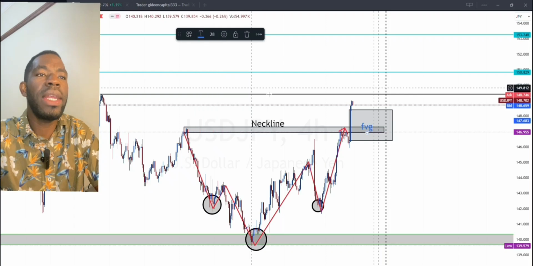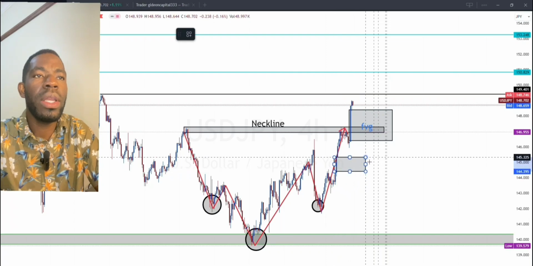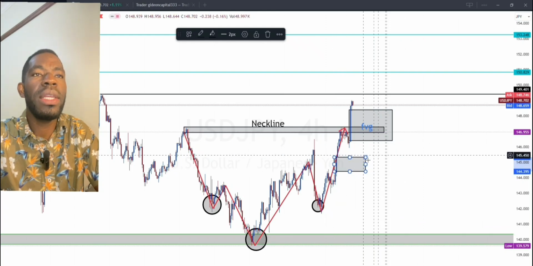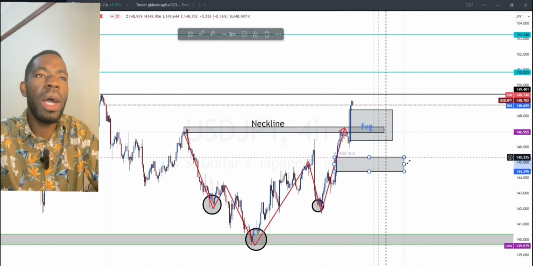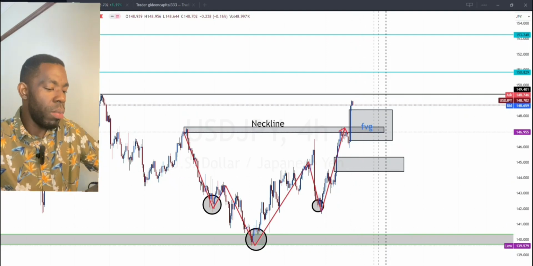There is another one I see over here. There is another fair value gap here, a huge one, it's actually quite big, and there is another one over there. So most likely the price will return to close these fair value gaps before it continues upward.